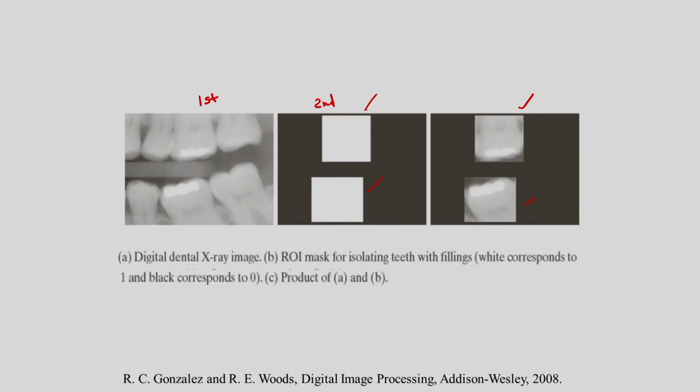So what I am getting is the region of interest mask for isolating teeth with fillings. That means in this case I am getting the teeth with fillings. So mainly I am doing the multiplication between the first image and the second image. In the second image I am considering masks. The mask means the region of interest mask for isolating teeth with fillings. So these operations I can apply.